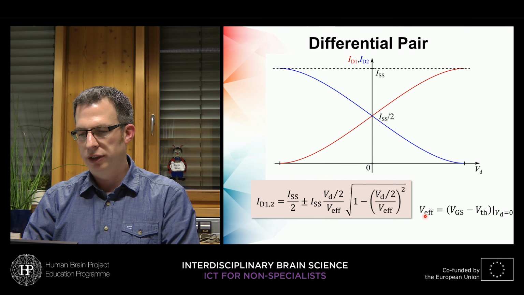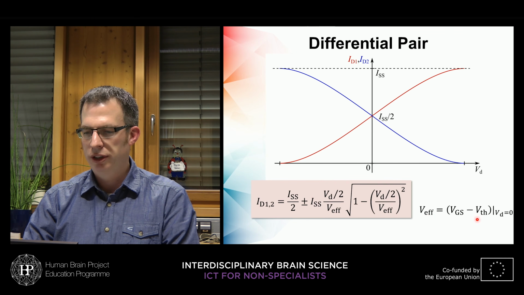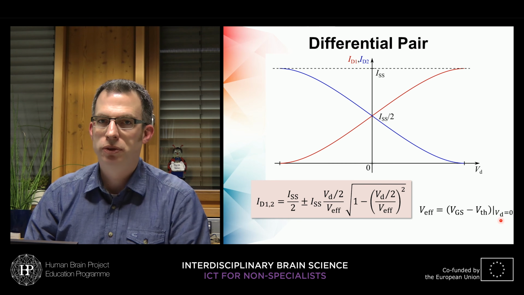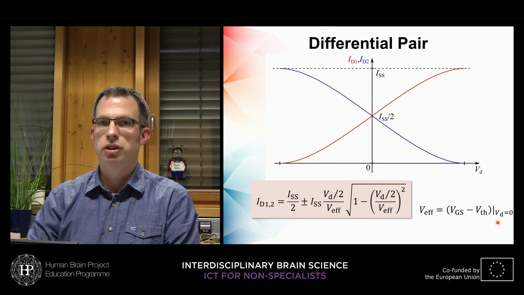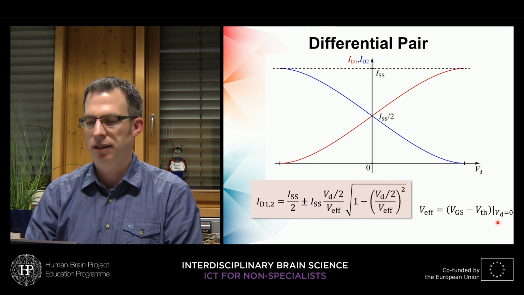And this effective voltage is defined as the difference between gate-source and threshold voltage at zero differential input voltage. So that's more or less the voltage at the inputs if the differential pair is idle and no alternating signal is expected at the inputs.